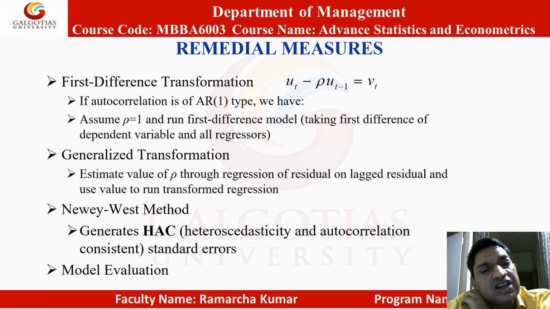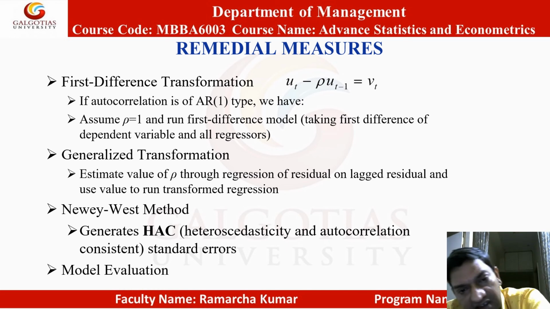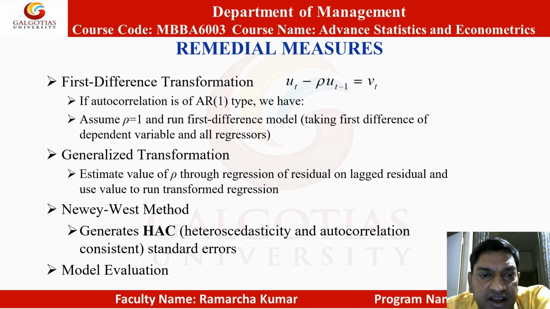The second approach is generalized transformation. Estimate the value of rho through regression of the residual on the lagged residual and use this value to run the transformed regression. Third is the Newey-West method. It generates HAC, heteroscedasticity and autocorrelation consistent standard errors. And then you do the model evaluation and find the remedial measures.